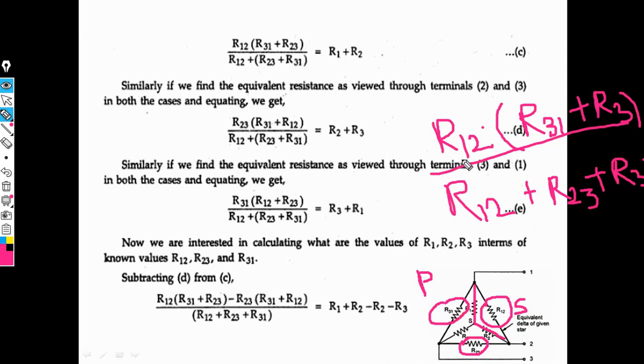And this is the value of R12, both connected in series, that is R1 plus R2. This is the equation for R1 plus R2.